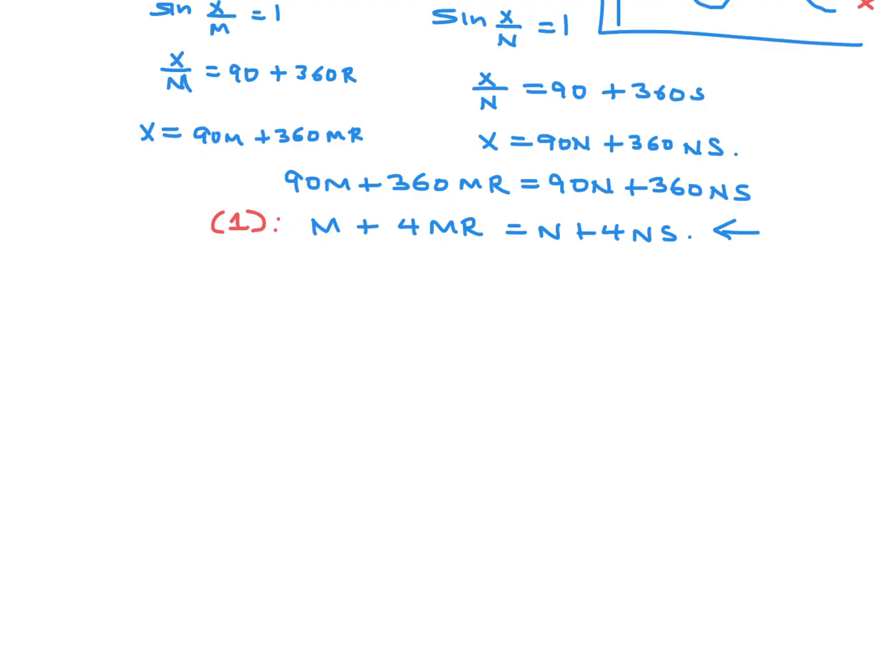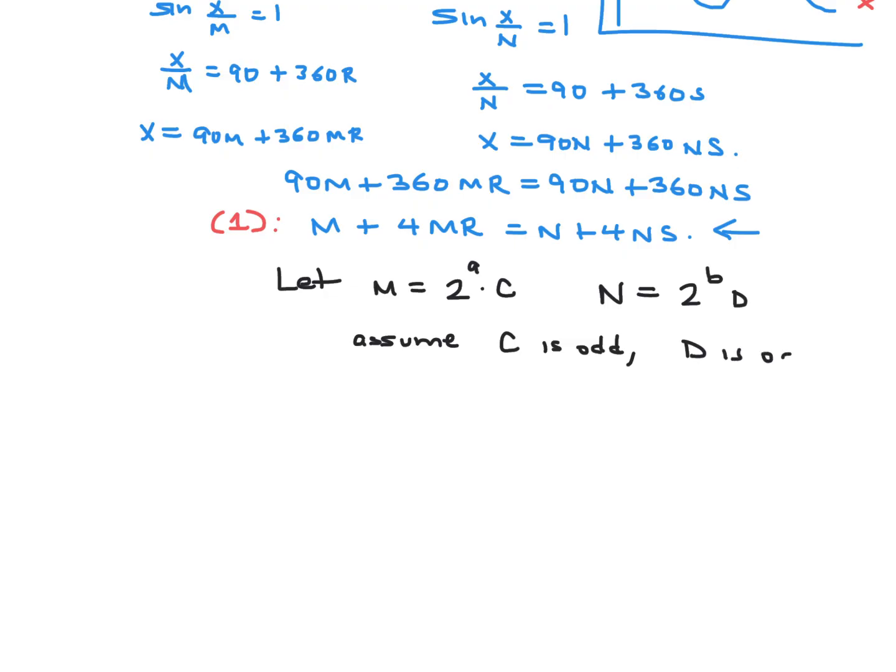So now I'm going to have to make some substitutions. I'm going to let m equal some power of 2, so 2 to the power of a, times some constant c, and let n equal another power of 2, 2 to the power of b, times some constant d. Now we're also going to assume that c is odd, and also that d is odd.